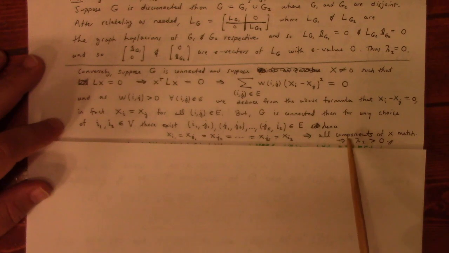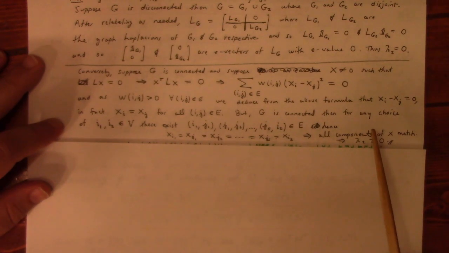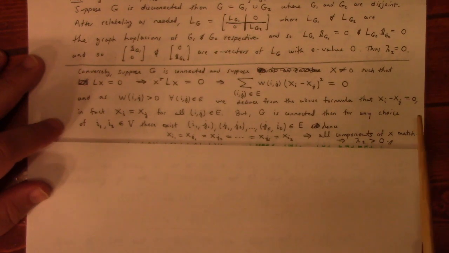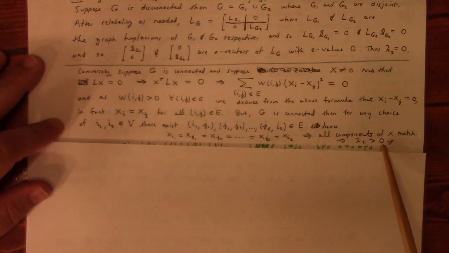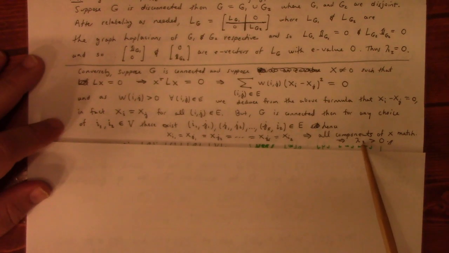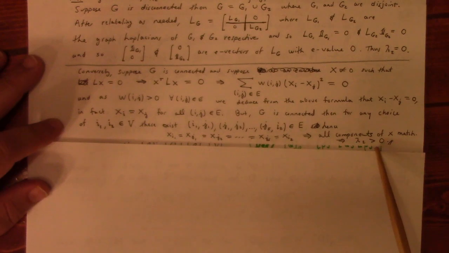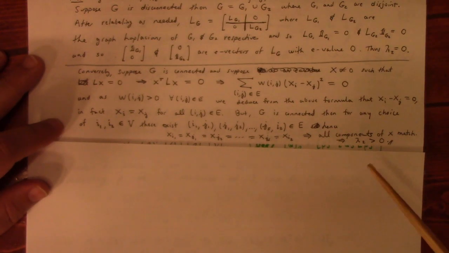So what that shows is that there's just one eigenvector up to linear dependence because it's just the constant vector, which is eigenvalue 0. That's what this calculation shows. Therefore, the next one, corresponding to eigenvalue lambda 2, must be positive. If you did assume that lambda 2 is also equal to 0, you'd get a contradiction.